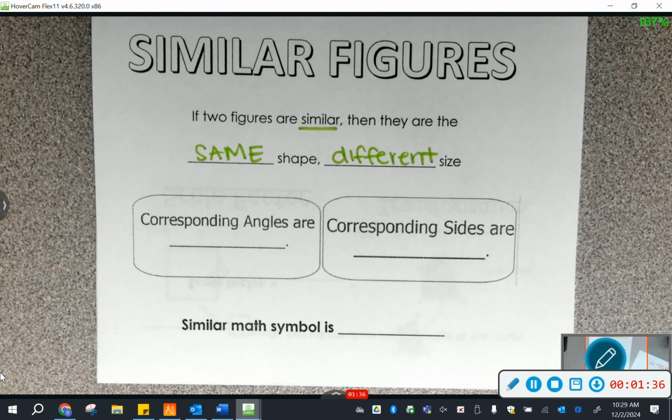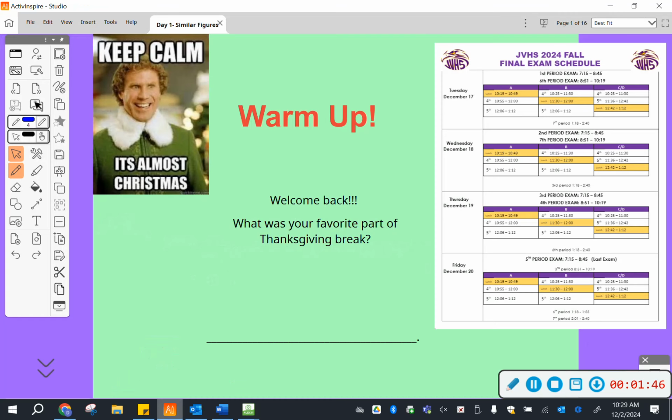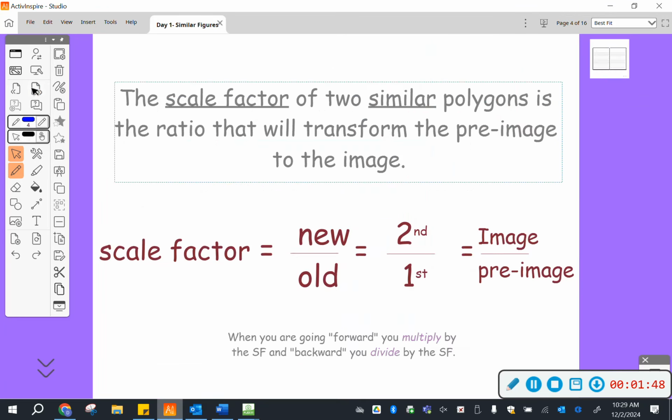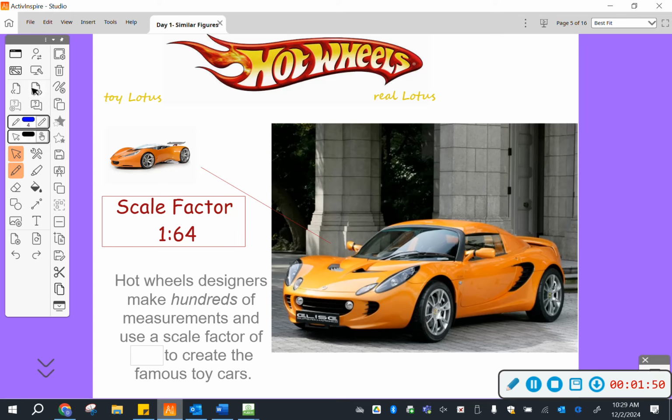In the real world, meaning outside of this classroom, where are similar figures used? Everywhere. Has anybody ever played with a Hot Wheel? Do y'all agree a car Hot Wheel is similar to the cars that they are? They're just different sizes. Yep. Where else?